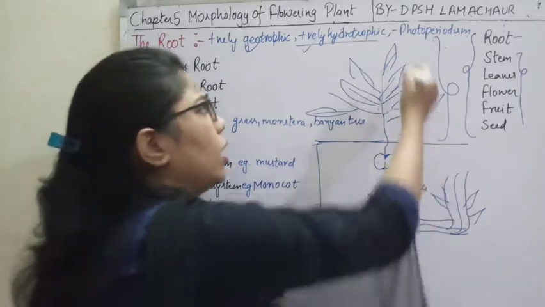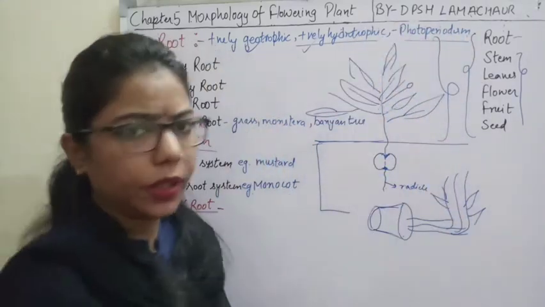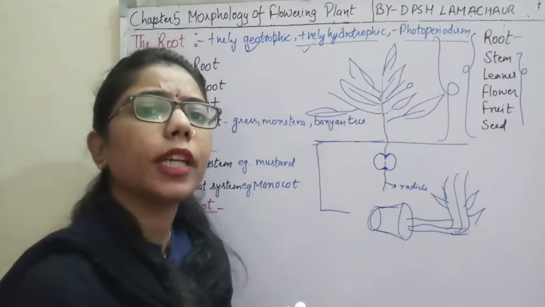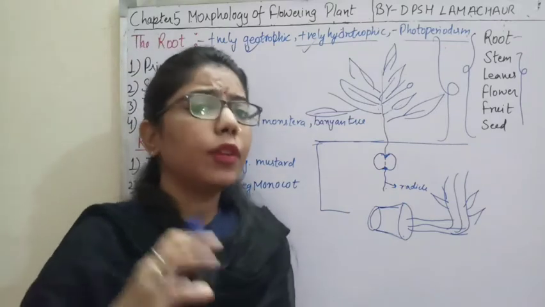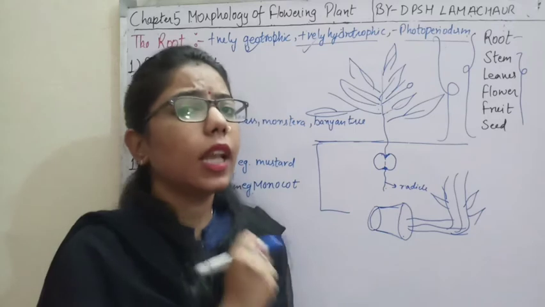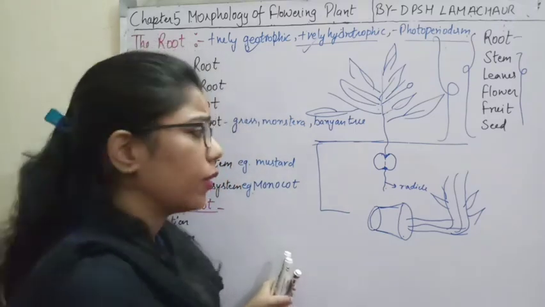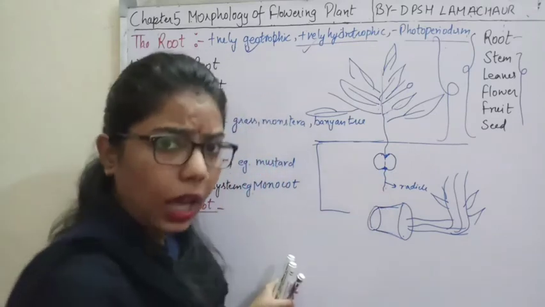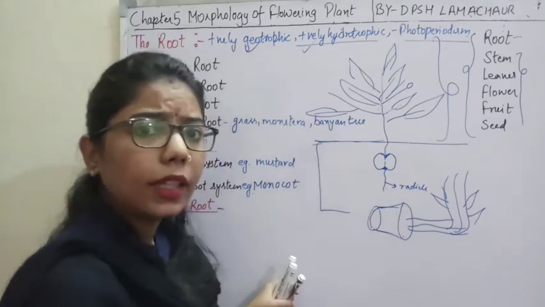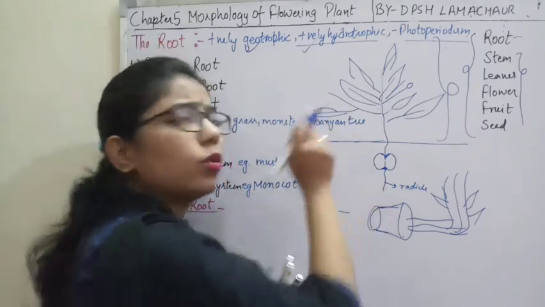Clear? Now another one is negative phototropism. What is the meaning of phototropism? When the plant moves itself towards the light. But if you talk about the root, are they responding to the light? No. They are not moving towards the light.